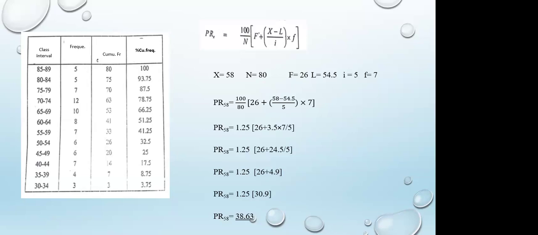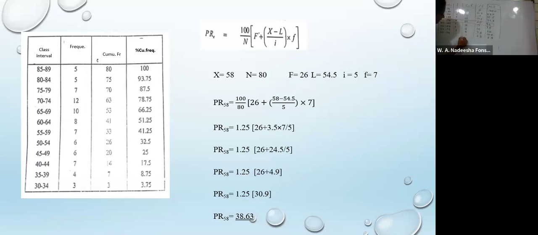So the equation is PRX equal 100 over N, F plus x minus L over I, into f.